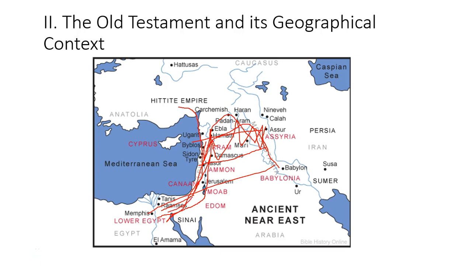Egypt as well tried to come up and have control of Israel, and in fact, one of the things that happened is that Israel, a very small and relatively powerless nation, would sometimes get caught between the Egyptians and the Assyrians, or the Egyptians and the Babylonians, who are both fighting for that land.